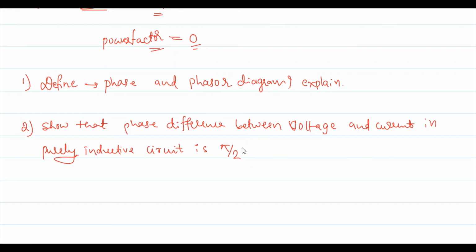It should be a qualitative one. You need to derive this equation to show that there is a pi by 2 phase difference between voltage and current. So these two are the assignment questions you need to submit on Google Classroom.